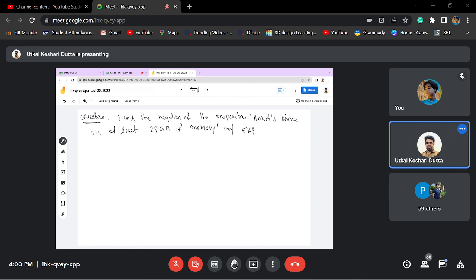Express this in simple English. That is very simple. Given that, you first have to consider variables. Let P be the proposition that Ankit's phone has at least 128 GB of memory, and find its negation. You can write it is not the case, but I don't want that. Just write it in simple English.